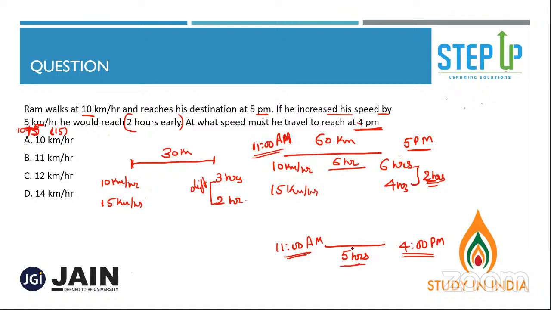And what is the distance, people? Come on, tell me the distance. 60 kilometers. So if I'm traveling 60 kilometers in 5 hours, what would be my speed? 12 kilometers per hour.